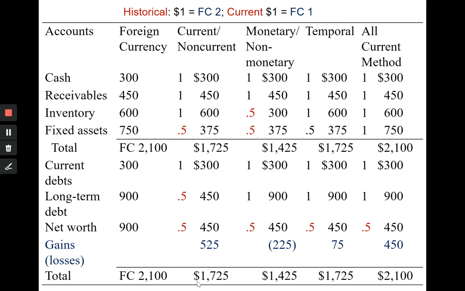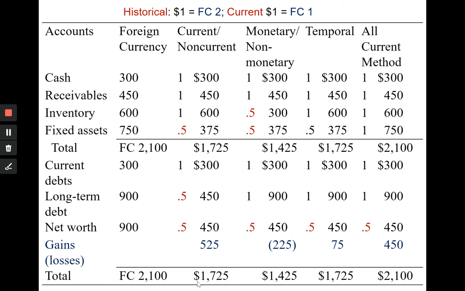If we added these numbers together, we would get 2,100 FC, and the balance sheet balances, both asset and liability and owner side, are 2,100 FCs as it should. So everything is correct. Now we go to the blank part, the work that you and I should do in practice or in an exam.